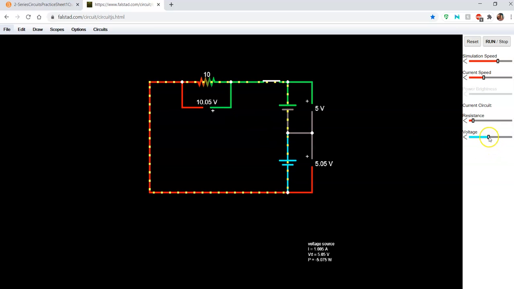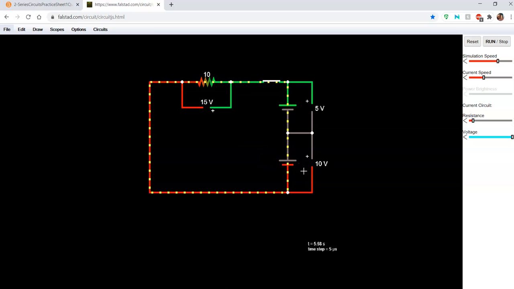Now, if I increase my voltage to the max, in this case I decided that my max voltage was going to be 10 volts, you can see that the output voltage through my load is going to be equal to 15 volts. As I said before, this is called additive polarity.